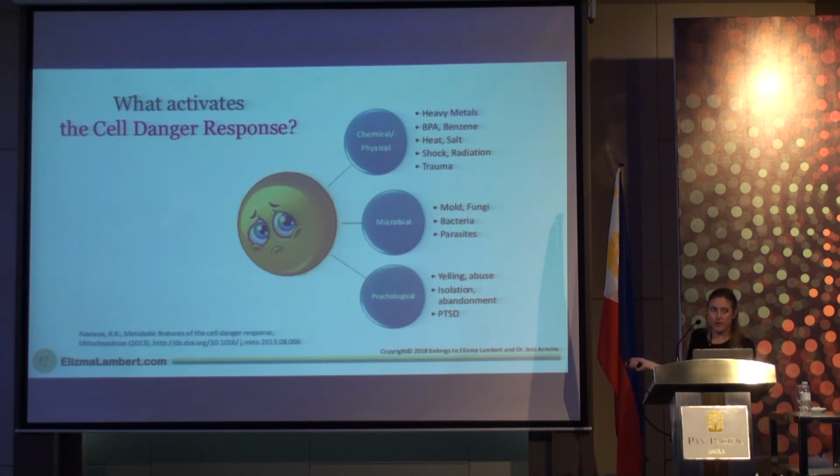I don't want you guys to ever forget about the psychological aspect, because things like yelling, abuse, PTSD can also trigger the same kind of pattern as viruses and bacteria can do in the cell. But this is where you, as a functional medicine clinician, need to investigate and treat to have these mitochondrial markers restored back to normal and for energy production to get back on board again.